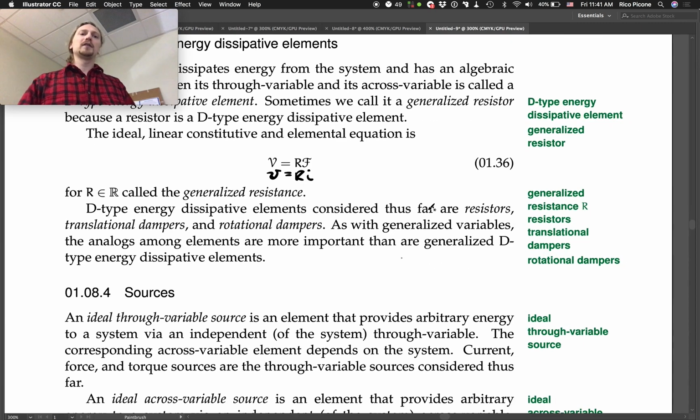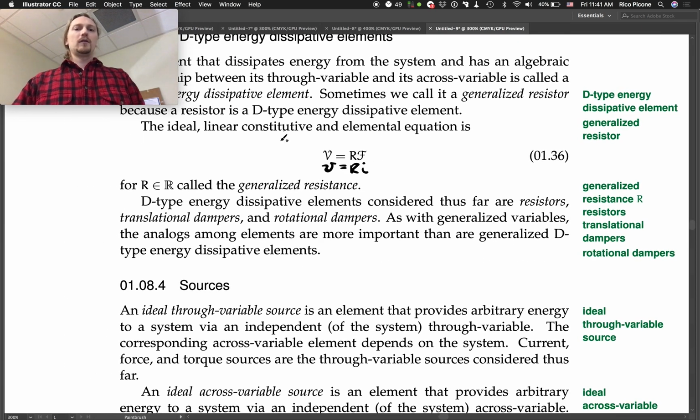One more note here. For the case of a mechanical translational system, we have V equals something times F, right? And we've used this B constant before, the damping coefficient.